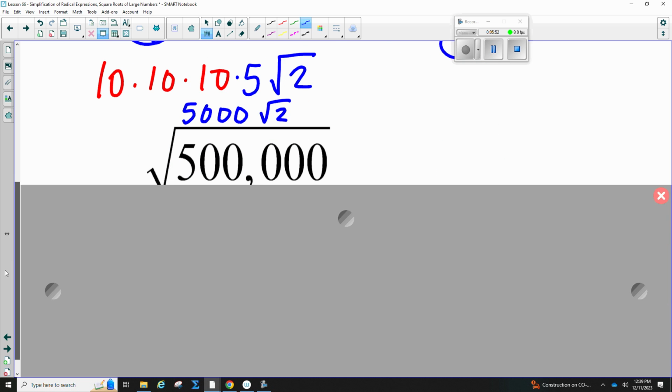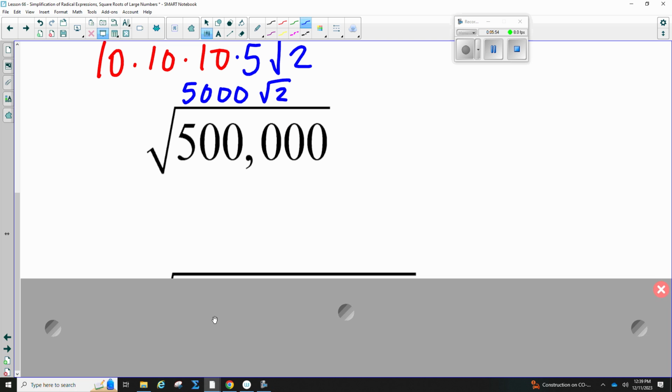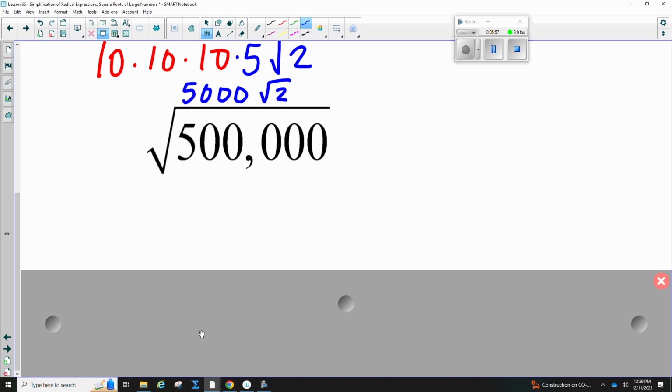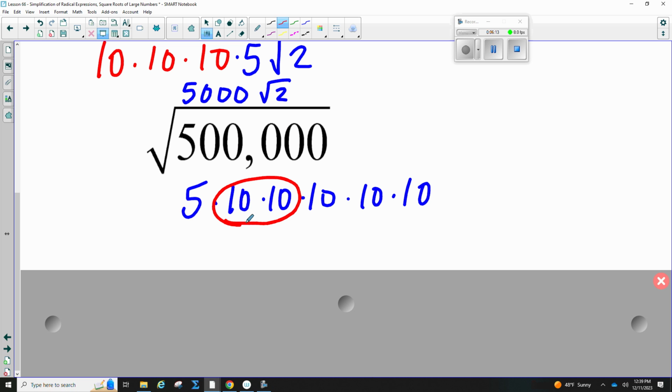Okay, let's try another one. Okay, how many zeros are there? 5. So I'm going to break it down as 5 times, and I want 5 tens. All right, so I have a date and a date. All right, they leave the house as 1.